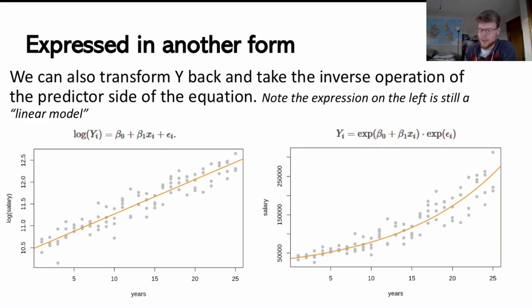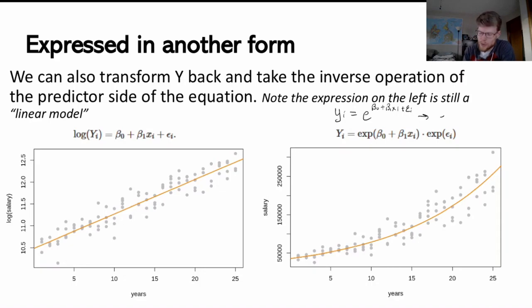And there's actually a step that's skipped here. This would be e to the beta naught plus beta 1 x sub i plus epsilon sub i, all in the same term. But if you remember the rules with exponentials, I can break off these different additive exponents into different e terms.